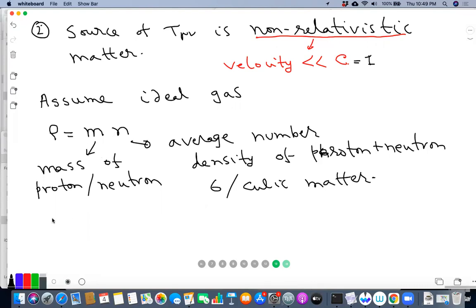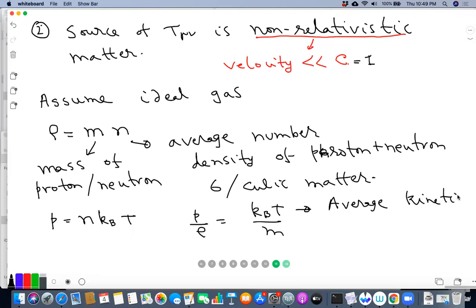On the other hand, the pressure, if it's at temperature T, will be given by the ideal gas equation of state, so n times k_B times T. So P over rho, you can see, is given by k_B T over m. Now this object is the average kinetic energy. And for non-relativistic matter, by definition, the average kinetic energy is much smaller than the rest mass energy.